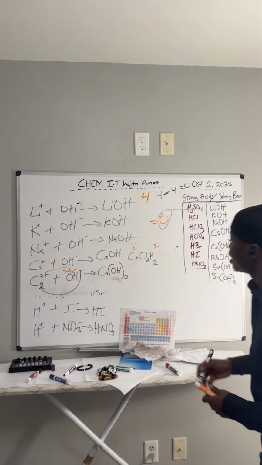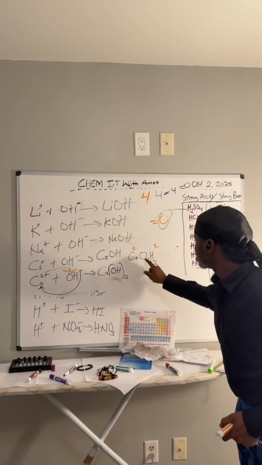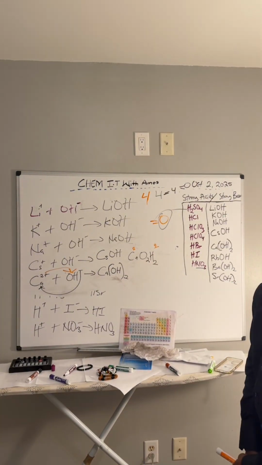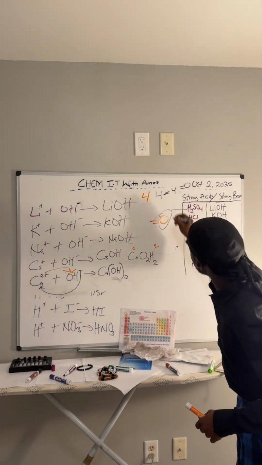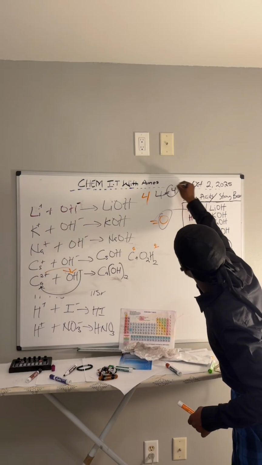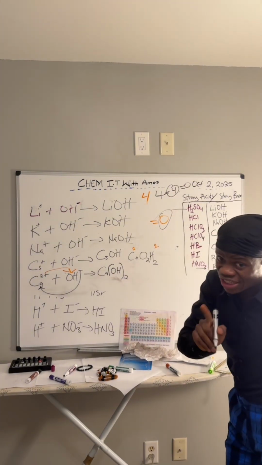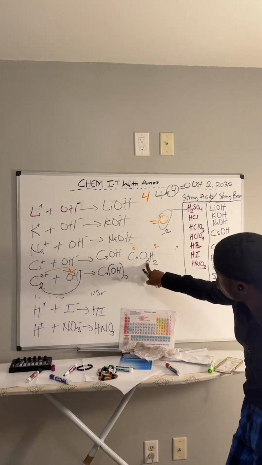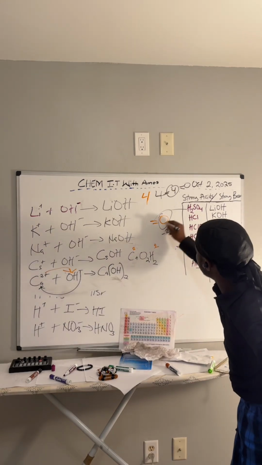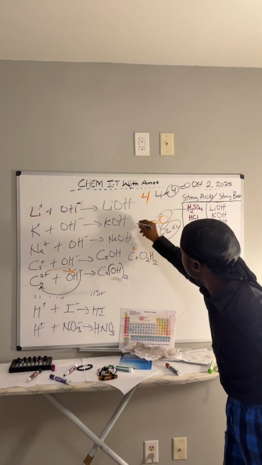It tells us that the charge of O should be minus 4. What is the charge for oxygen? We say we don't know, but we want to find it. So minus 4 will be for O. O is minus 2. The charge of O is minus 2. Minus 2 times how many O here? 2. Minus 2 times 2 gives you negative 4, right? So we say 2 plus 2 gives you 4.